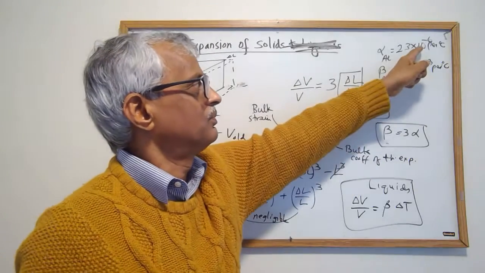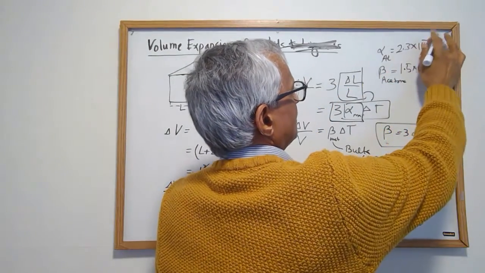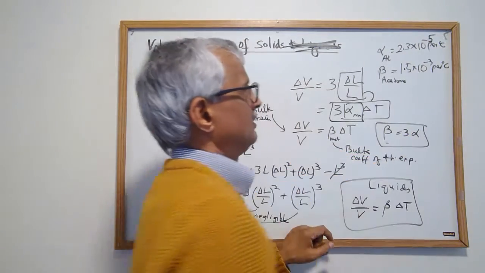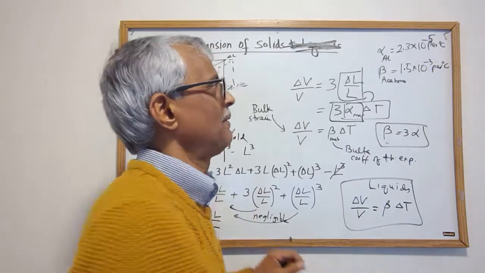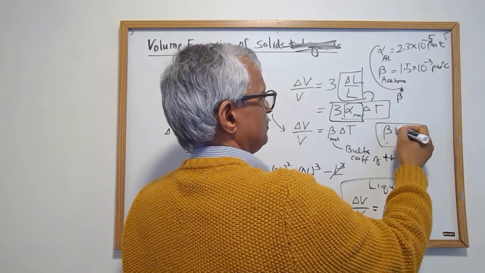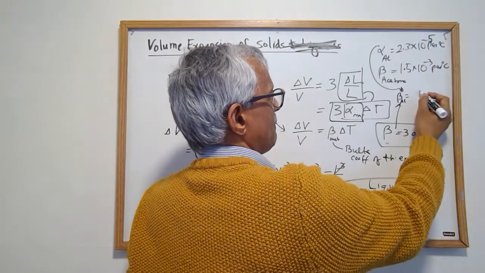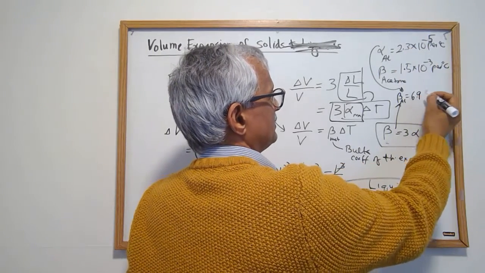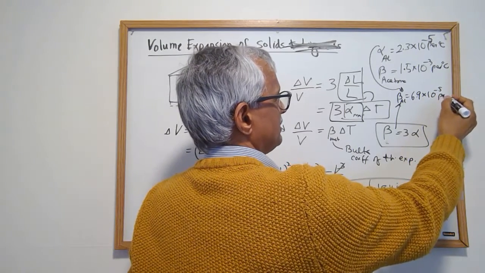If you make this 2.3, make it 5. So it's like 2 orders of magnitude, right? And if you get the beta for aluminum, it will be 3 times that, times 10 to the minus 5 per degree Celsius.